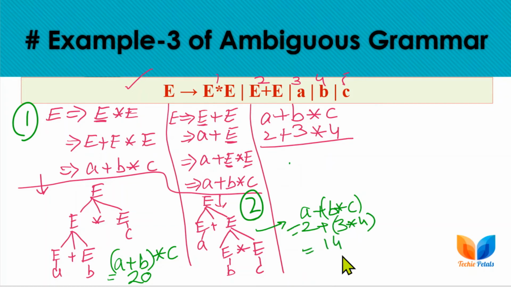According to the mathematical formula, we must perform multiply first and then plus or minus operation. The priority of the multiply operator is higher than the plus operator. So this derivation tree is right, but the other is not resulting in the accurate output.